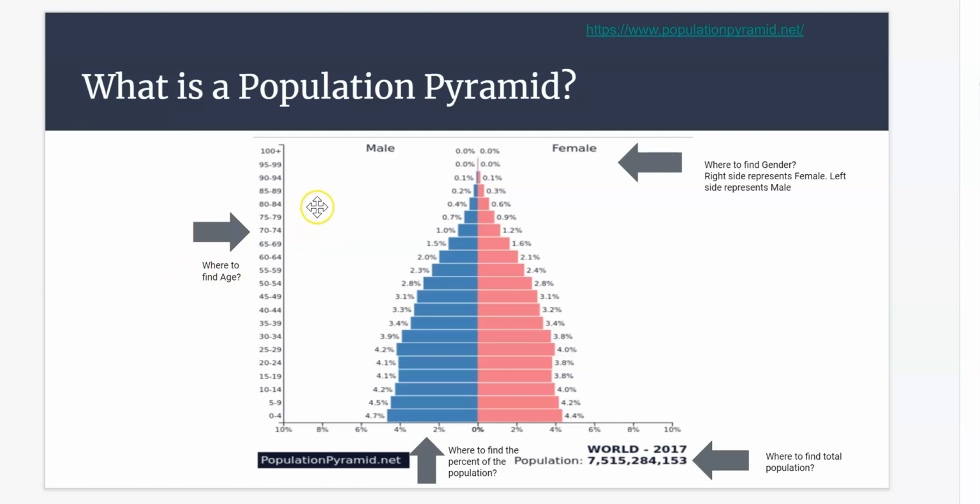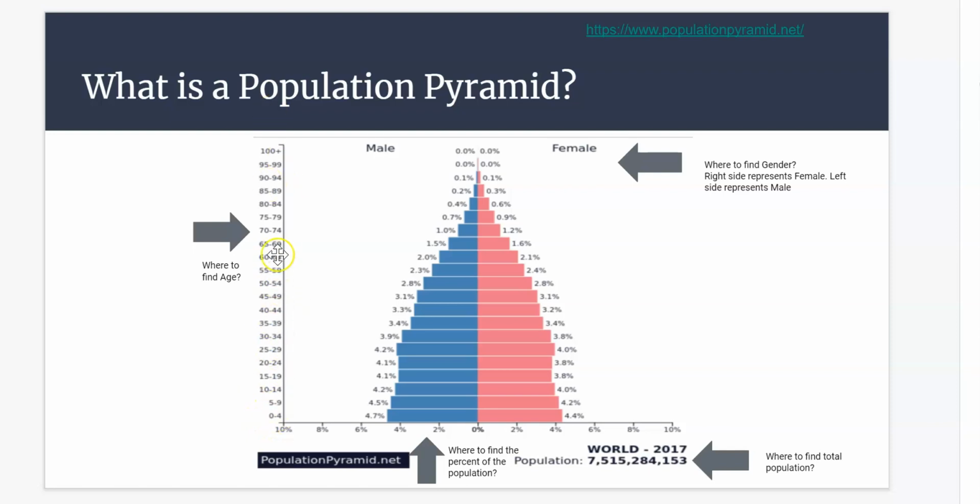So if I go here, this is basically what a population pyramid is. If we look at the axis running vertically on the population pyramid, you have where to find ages. You can see at the bottom here it's 0 to 4, 5 to 9, 10 to 14.